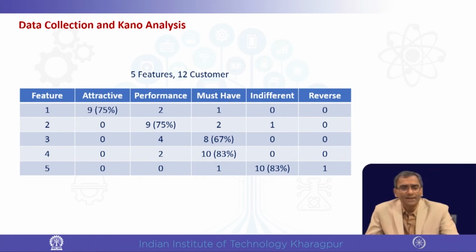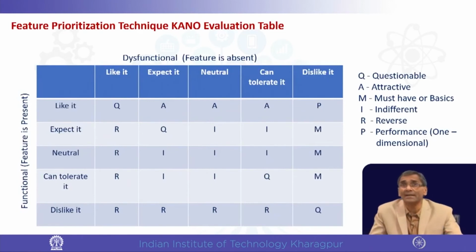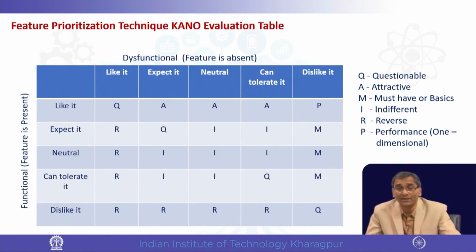Now, suppose we have 5 features and 12 customer responses. Using this table as the matrix, each feature is to be checked with each customer.